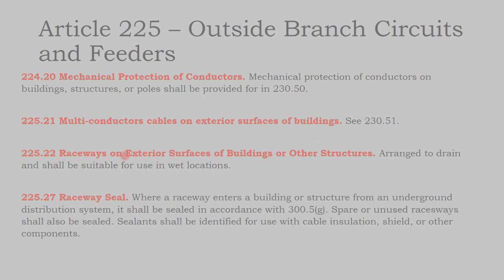That was not arranged to drain. If we had instead taken that box and located it up to the top of the rooftop, you wouldn't get the water running down the edges of the conduit into the internals. So you have to think about drainage, and then again we've talked about raceway seals as well.